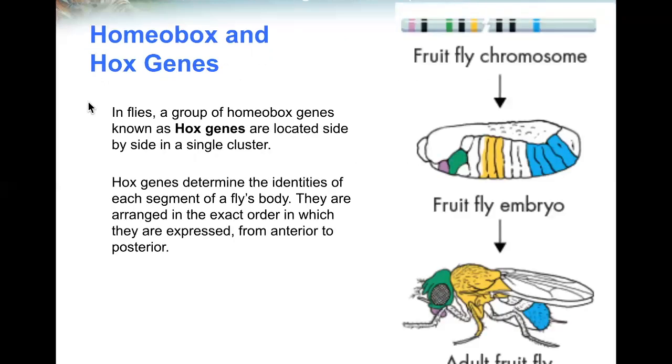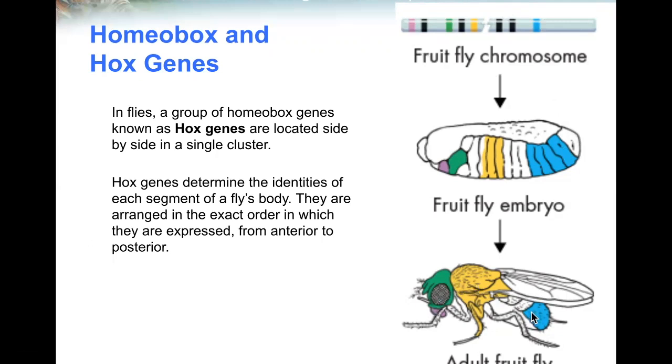In flies, a group of homeobox genes known as Hox genes are located side by side in a single cluster. Hox genes determine the identities of each segment of a fly's body. They are arranged in the exact order in which they are expressed, from the anterior to the posterior. So, anterior, pink, green, yellow, and blue, posterior.